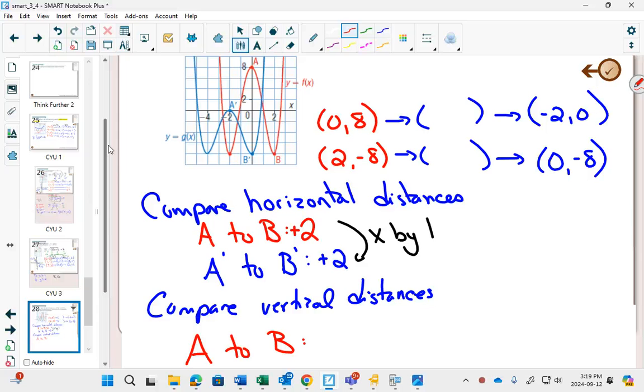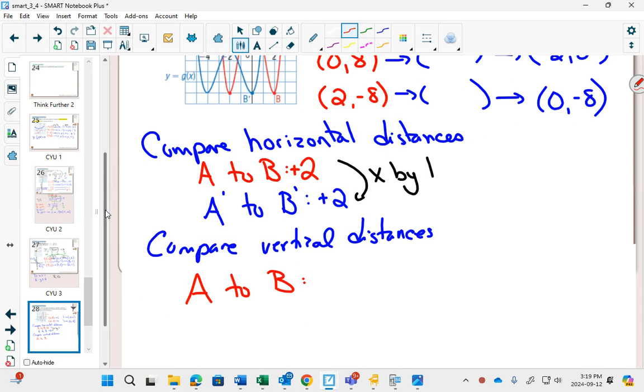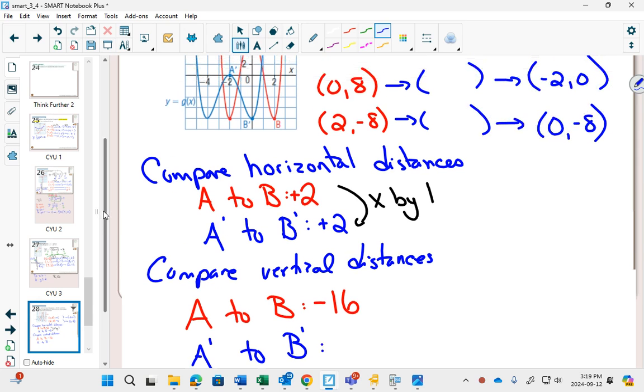I'd go down 8 there and down 8 again. So I'll write that as minus 16. I've gone down 16 units. But if I look at A prime to B prime, I go from 0 down to 8. Now I'm only going down 8. To go from minus 16 to minus 8, that means our y values had to have been cut in half.